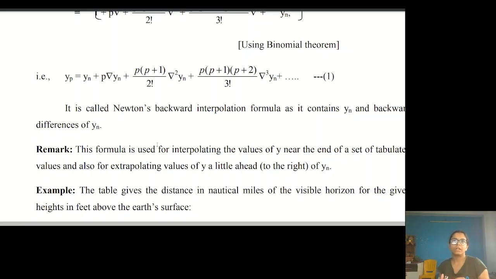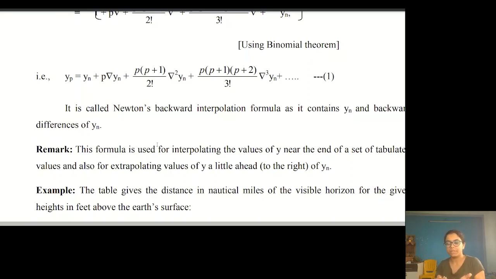Like for Newton forward interpolation, we have seen that the formula is used only when we are interpolating a value at the beginning of the set of tabulated values. Now for this we are using the end values, the xn and yn values, for the interpolation, not the mid one or the beginning one. We are only using the end of the set of tabulated values.